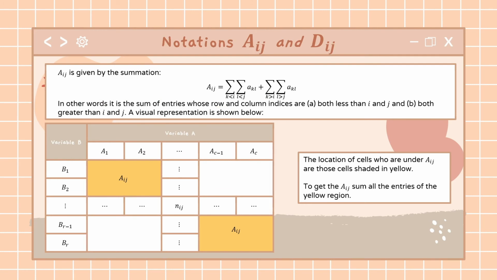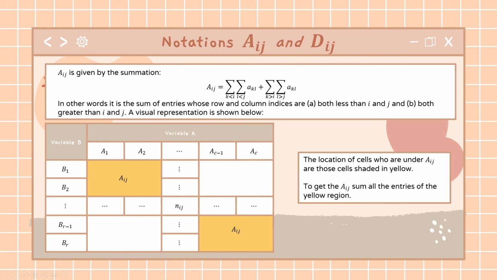So now, for the Aij and Dij, ito yung parang technical notation niya. Medyo magulo siya kapag intindihin ng ganitong form, pero kapag i-visualize mo siya, medyo mas madali siyang makita. So, in other words, Aij is the sum of entries whose row and column indices are both less than i and j.